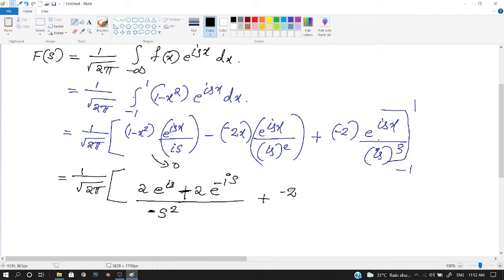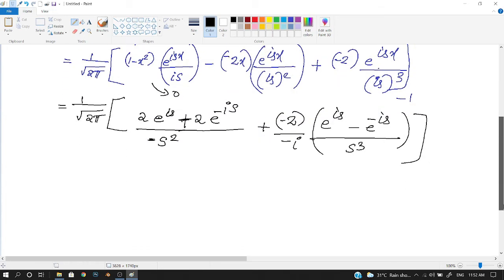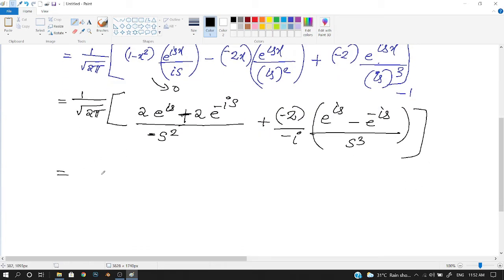plus minus 2 into, then here in the denominator i cube means i square into i, and i square means minus 1, so minus i. So here minus i, then e raised to is minus e raised to minus is, divided by s cube. Now this is equal to 1 by root 2 pi.